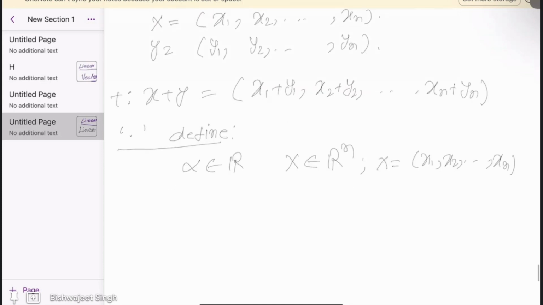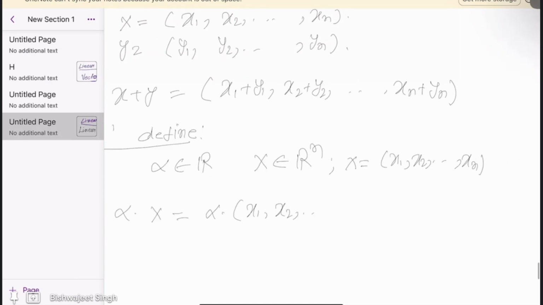How are we going to define alpha dot x? It is defined as alpha x1, alpha x2 up to alpha xn.